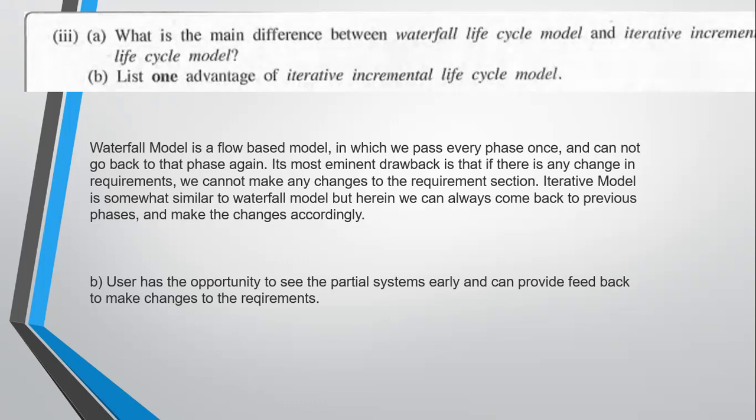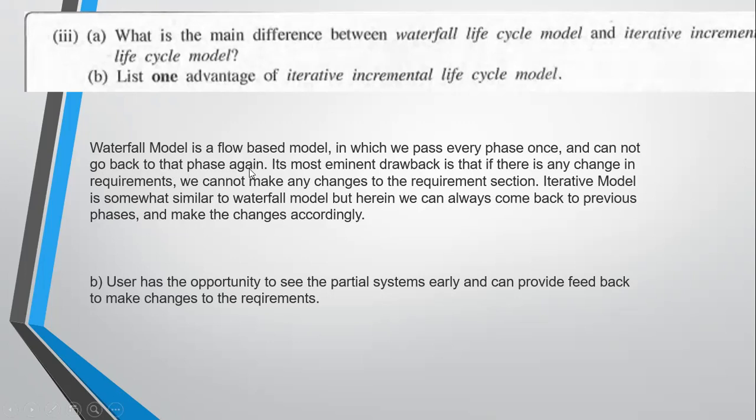The other thing is the iterative incremental life cycle model. What are the main differences? The waterfall model is a flow-based model, in which we pass every phase once and cannot go back to the phase again.